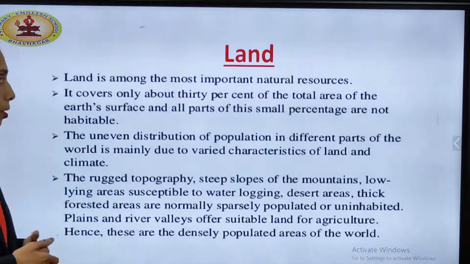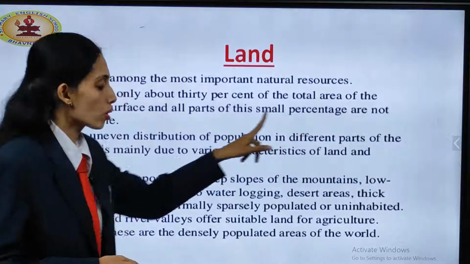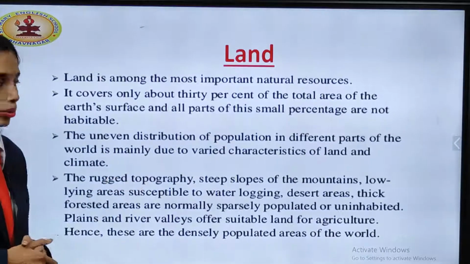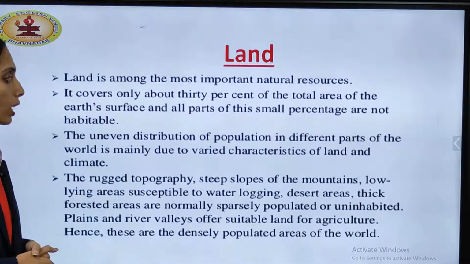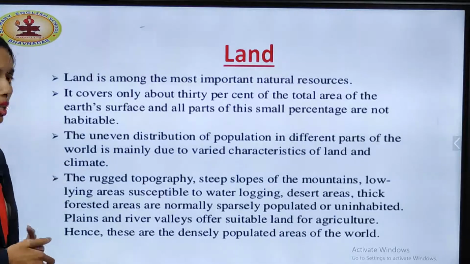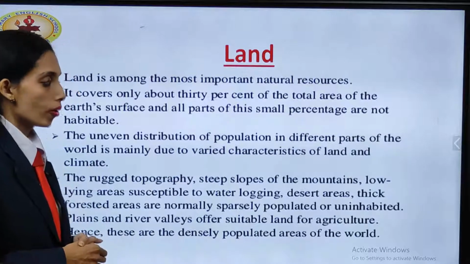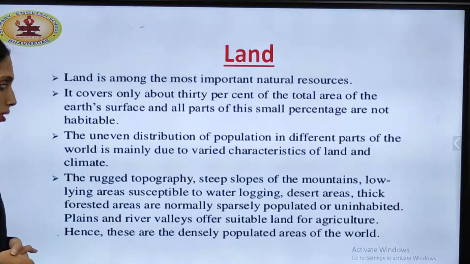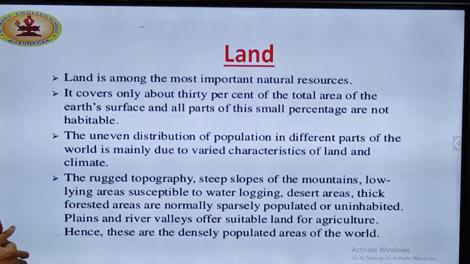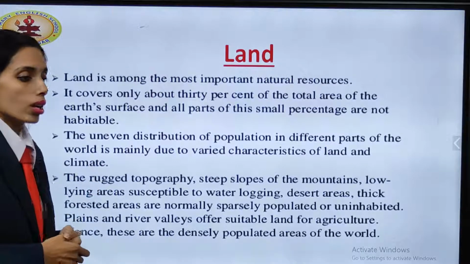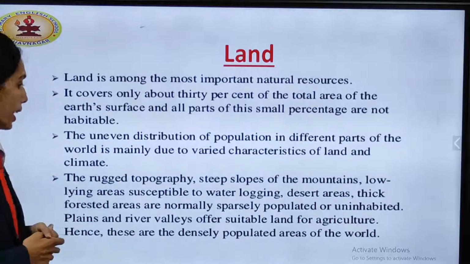So that's why it is mentioned that a small percentage is not habitable. The uneven distribution of population in different parts of the world is mainly due to varied characteristics of land and climate.